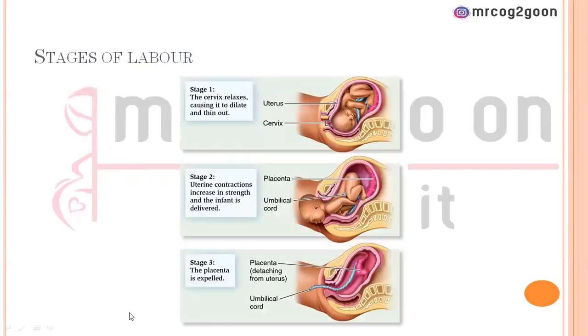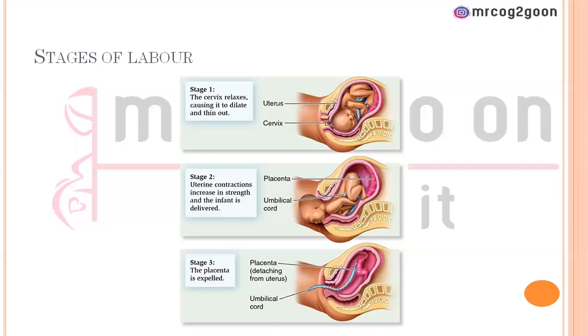Okay, so stages of labor. Some say there are 3 stages, and some add another stage, making them 4. But usually everyone talks about the 3 stages of labor. The first is in which the cervix relaxes, dilates and thins out.